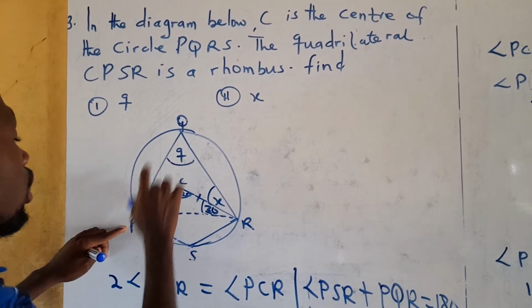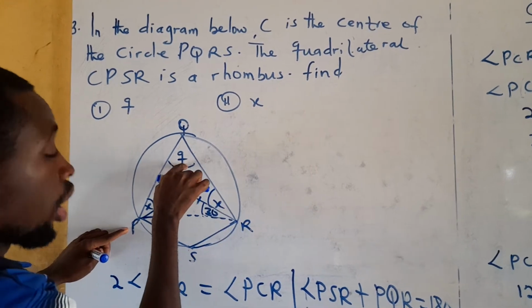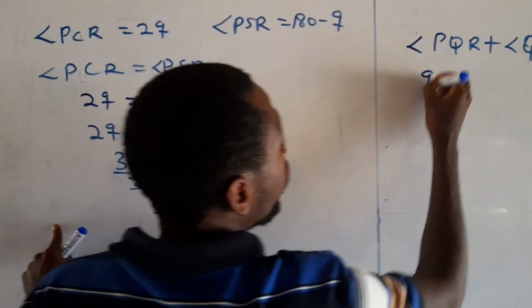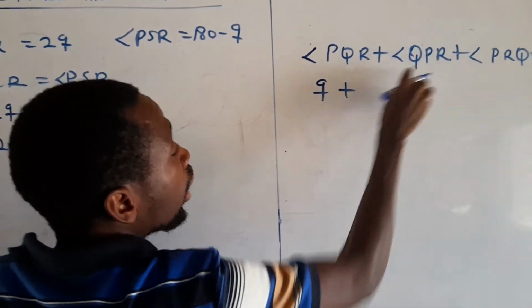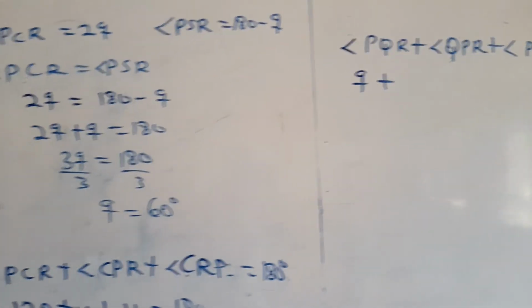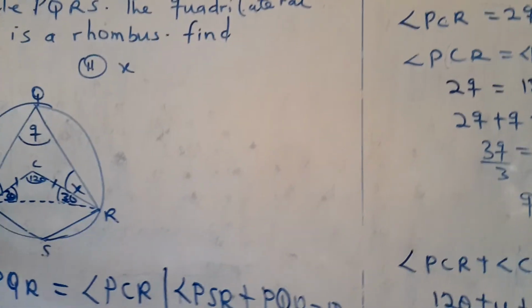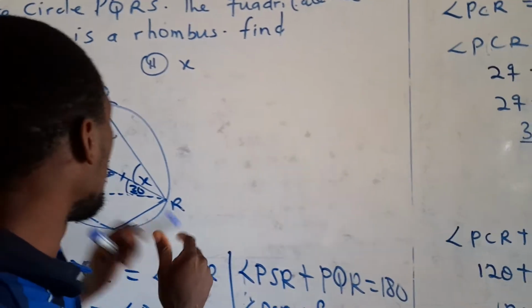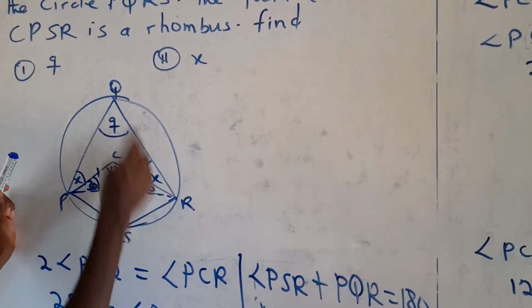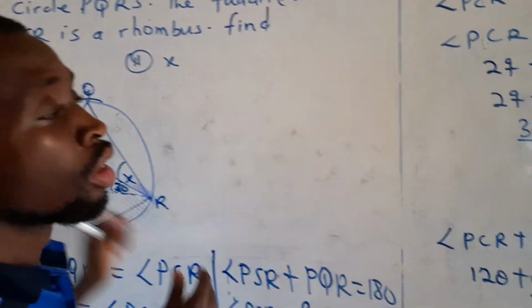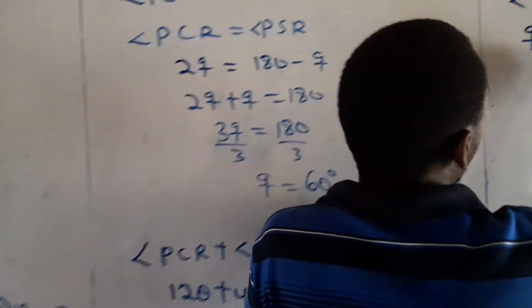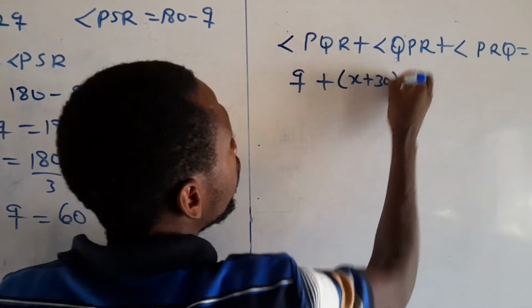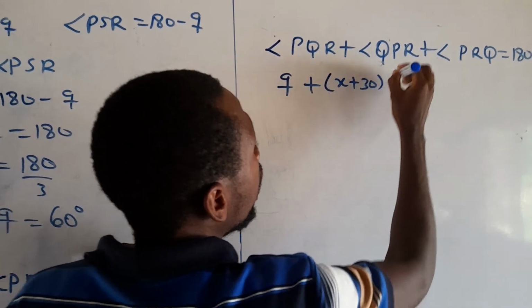So angle PQR is Q. So we can say that Q plus angle QPR. QPR is x plus 30, if you remember very well. And our angle PRQ is also x plus 30. So we can say Q plus x plus 30, that's for QPR.